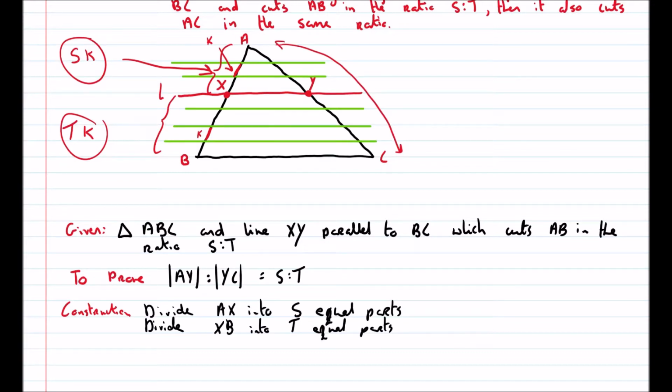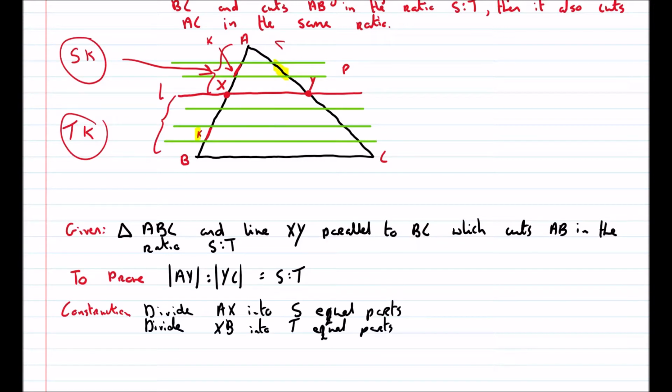Highlighting the distance from here to here. Let's call that, it's definitely not the same size as this. Okay, so we can't call it K. How about I call it P?